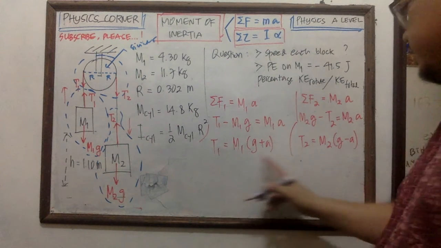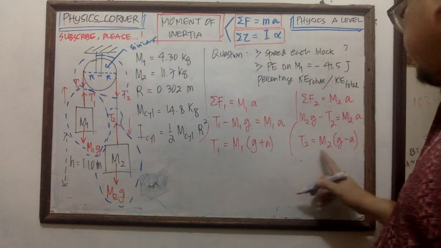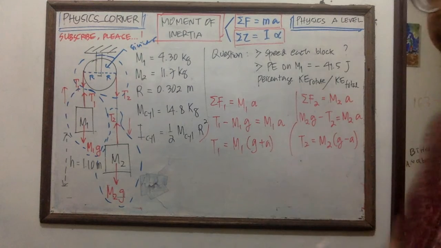So T1 equals m1 (g plus a) and T2 equals m2 (g minus a).